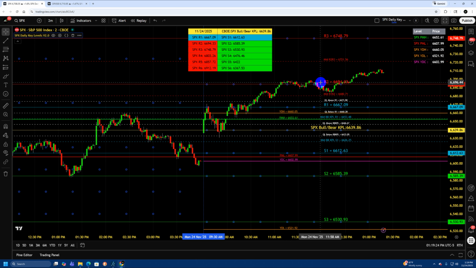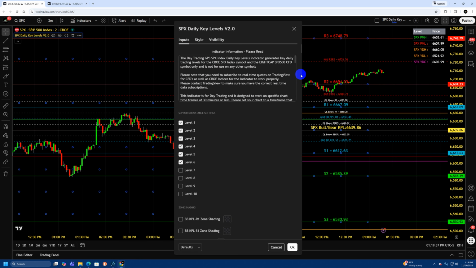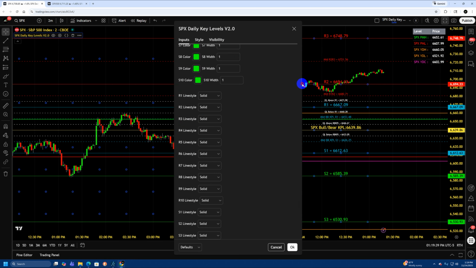If we were taking a bullish trade off of R2, then our standard stop loss would be the midpoint level below R2, the mid R1, R2. And we'll show you the other levels on the S levels just for context.